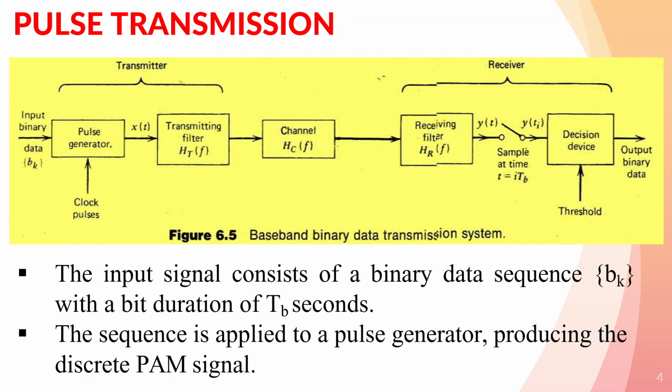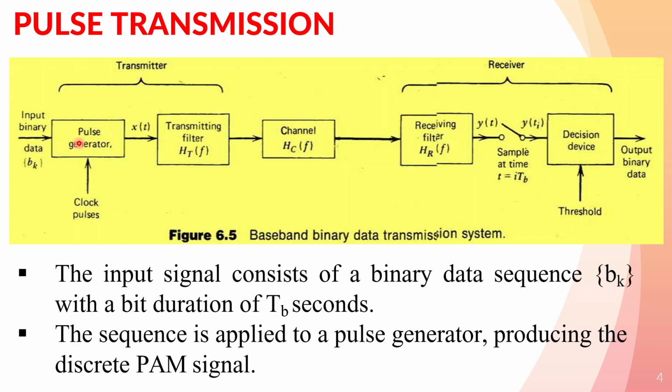So before going to understand what is intersymbol interference, let us see the baseband binary data transmission system. Here we are having a transmitter and the receiver, and at the transmitter side we will have the data input binary sequence, that is ones and zeros, given to a pulse generator.